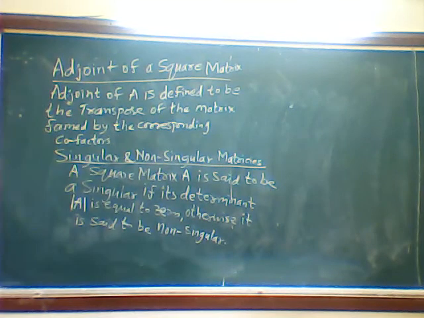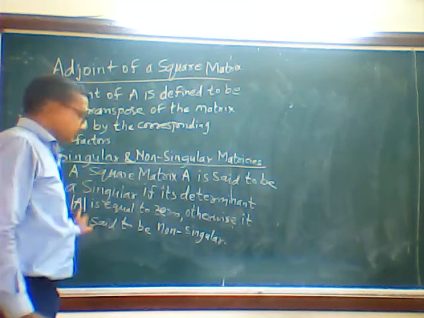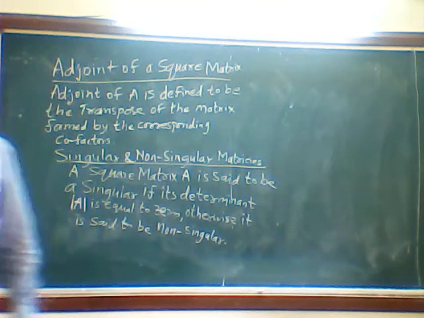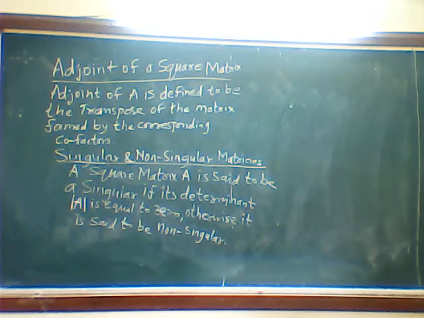Okay. Now square matrix A is said to be singular if its determinant mod A is equal to 0. Otherwise it is non-singular. Okay.